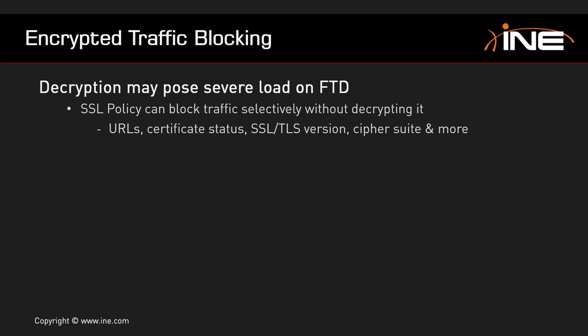In general, you will be able to match a lot of fields from the server's certificate. So when FTD sees the server certificate, you will be able to build your policy based on elements such as distinguished name, the SSL/TLS version used in the negotiation, maybe the cipher suites, or even URL information.